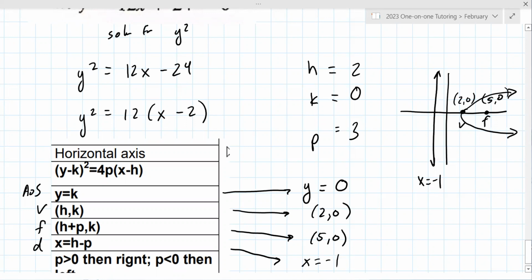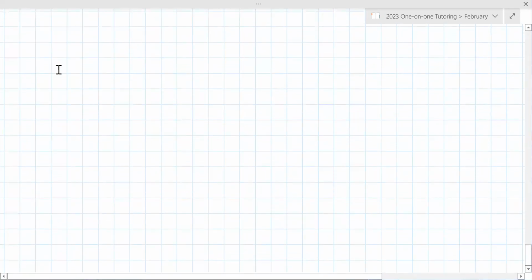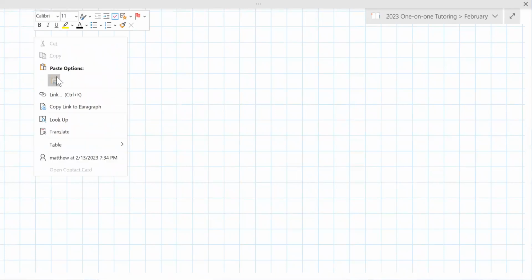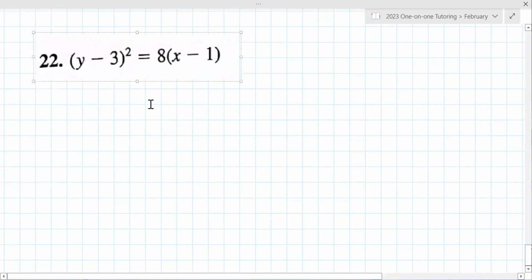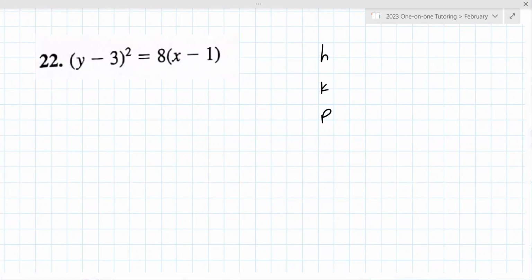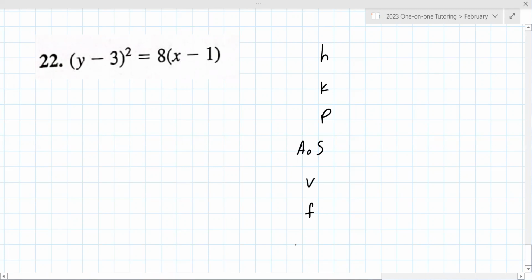So let's look. I'm looking at 22 next. I'd like to have you try 22. A lot of the same stuff. It's already in the right form, but I want you to identify H, K, and P, and then again give me all those things I asked for: the axis of symmetry, the vertex, the focus, and the directrix on this one.